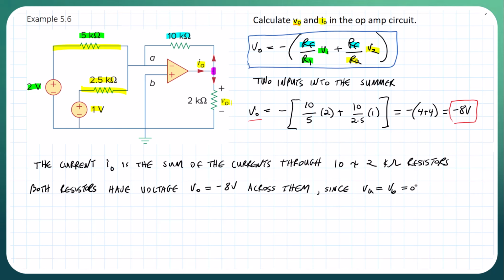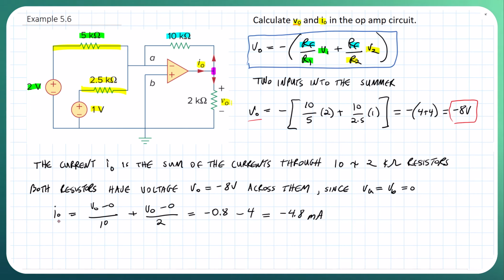So we can solve for I0. I0 equals V0 minus 0 over 10 kilo ohms plus V0 minus 0 over 2 kilo ohms, and this is going to be minus 0.8 minus 4, which equals minus 4.8, and we're going to be in milliamperes here.